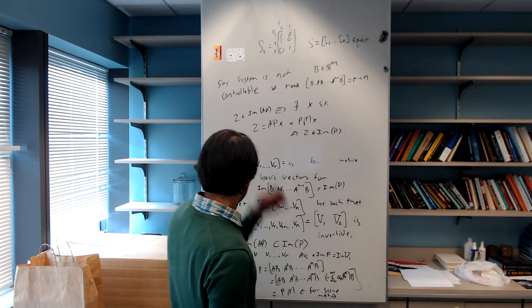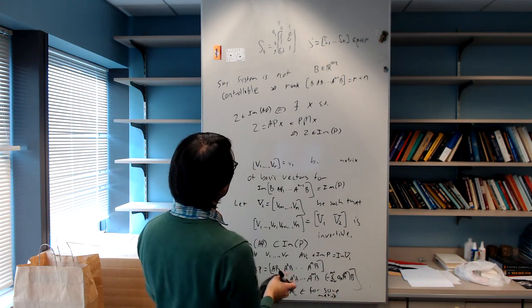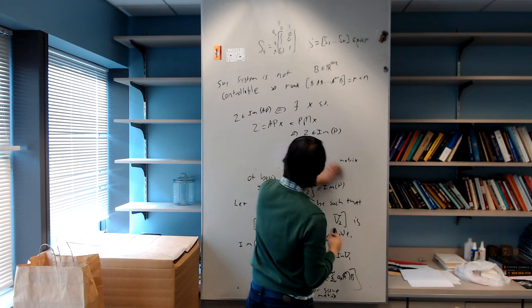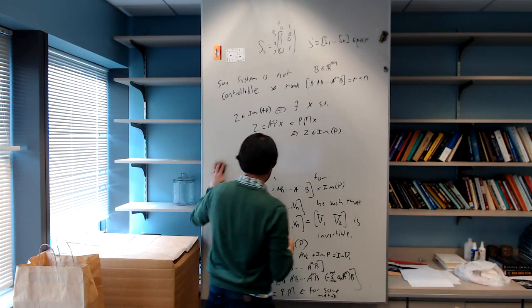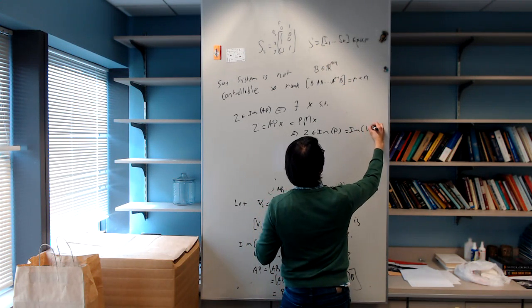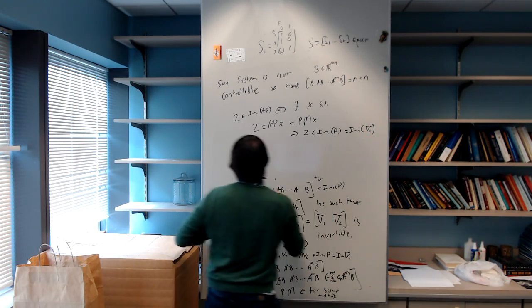All right. So in particular, using this fact is what we mean by the images, which is equal to the image of V1.